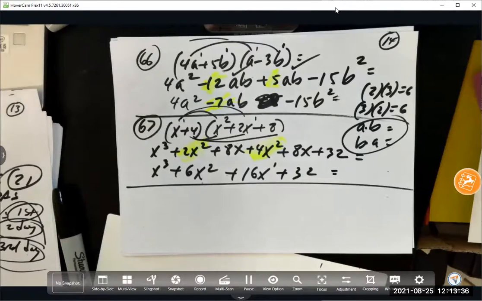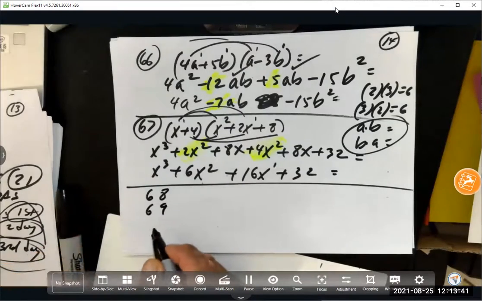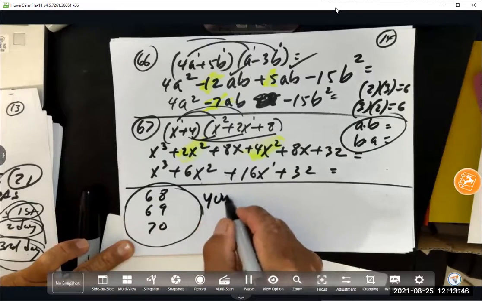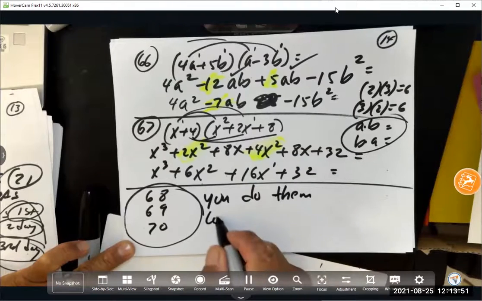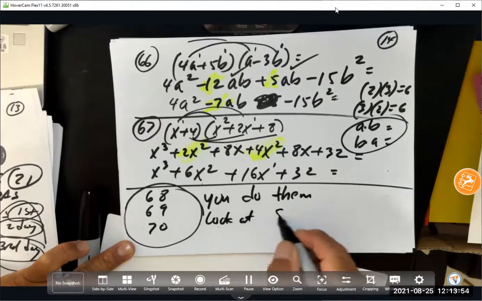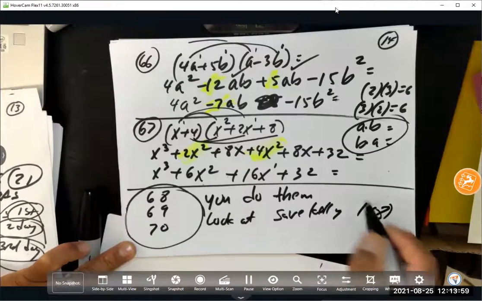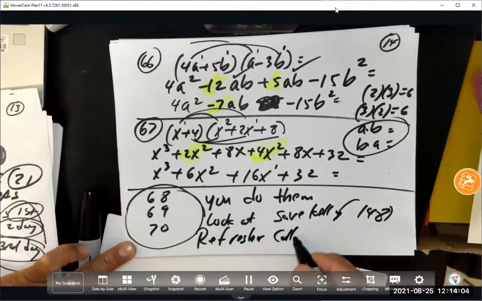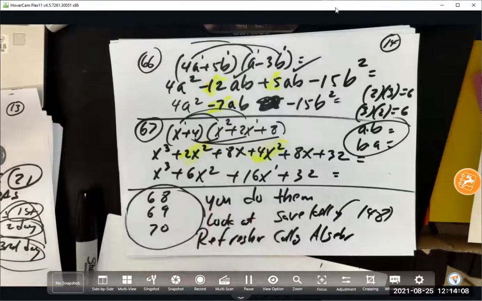Let me write this down. I'm going to go to 71, 72, 73 because I'm trying to get to the last number 80.